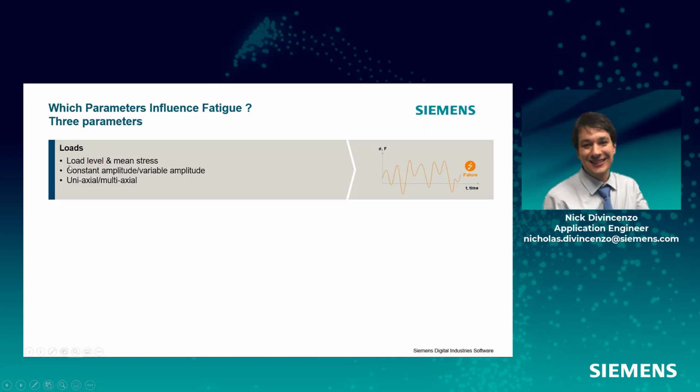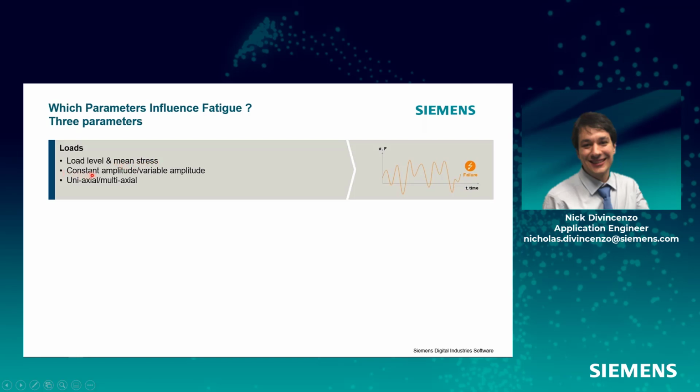If you apply a very large load, that has a larger effect on the fatigue life than just applying very small loads, and the mean stress of the loading environment. Loads in tension typically cause the crack to open up more, while loads in compression, so that have a mean compressive stress, tend to close that crack. They don't cause as much fatigue damage as loads in tension.